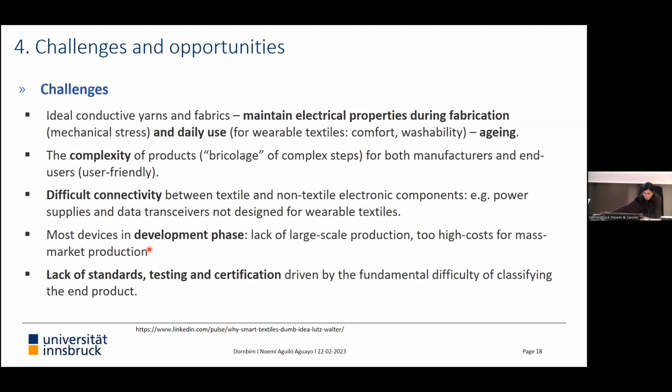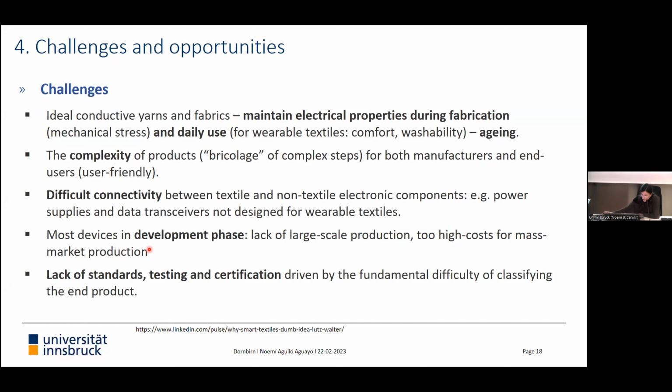And also, when we have the final product, the conductive textile, the end user needs to understand how to use this. It needs to be user-friendly. So there are also difficulties in how to connect this conductive textile with electrical components that are non-textile, for example, with conventional batteries or conventional data transceivers, that are not designed for textiles.